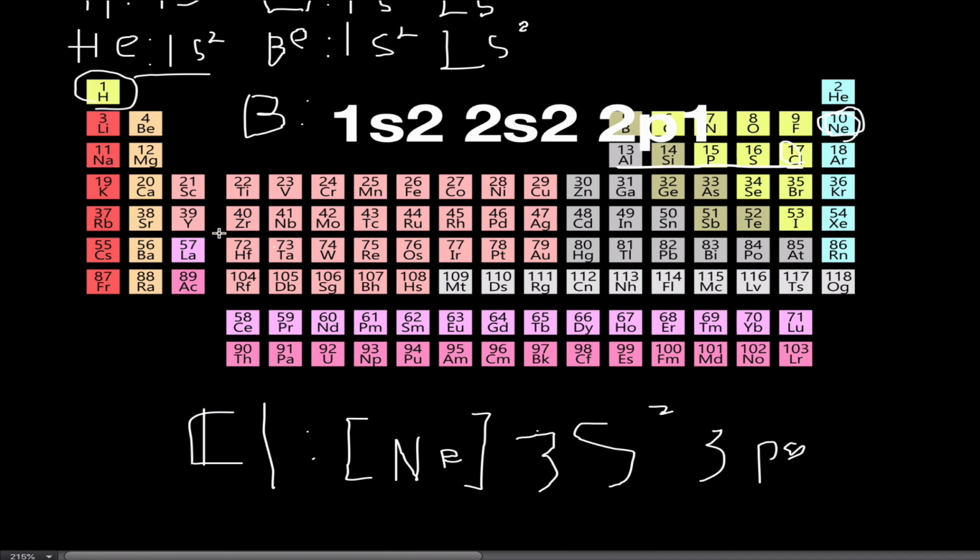For example, if you're doing zirconium, you would go 3p5, and then 4s2, and then interestingly, we would go into the 4d orbital.